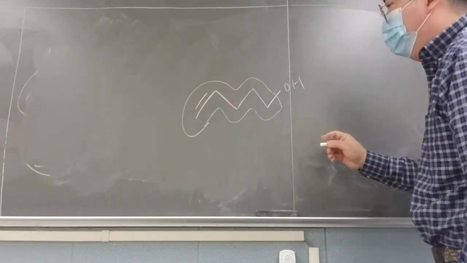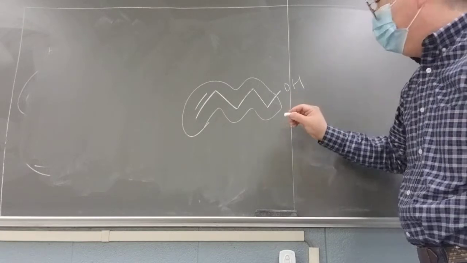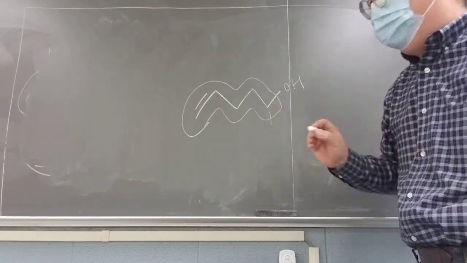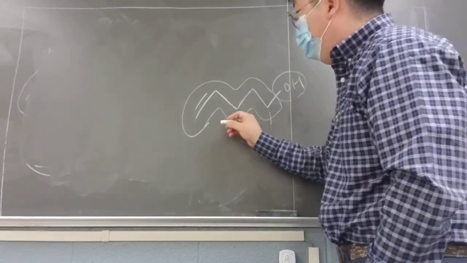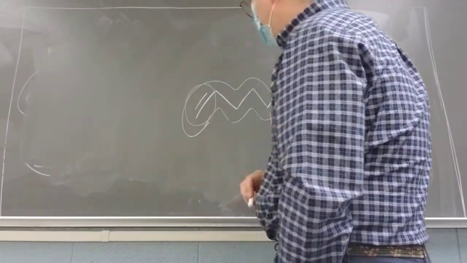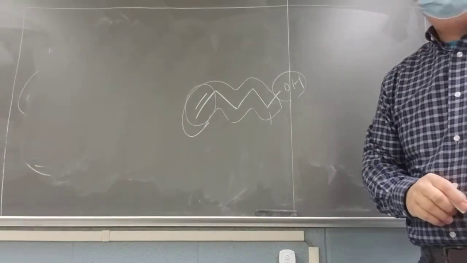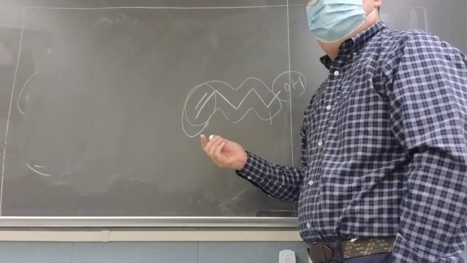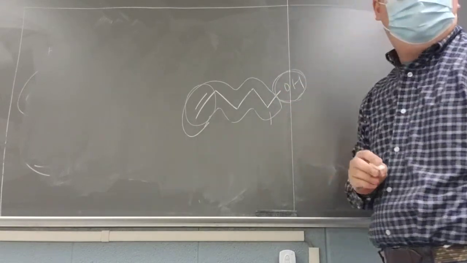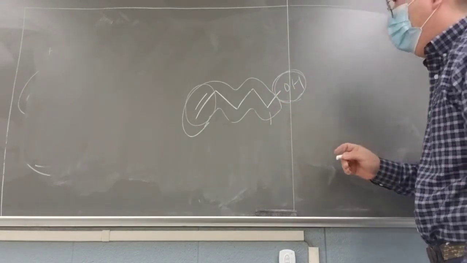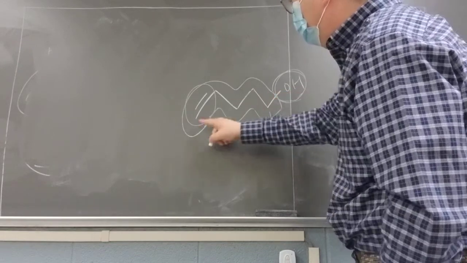Now you know why I'm counting carbon from here, right? Because of this hydroxy group over here. Even though you have a double bond over here, which you still need to count, this hydroxy group is more important, so I'm going to count the carbon from here, not here.